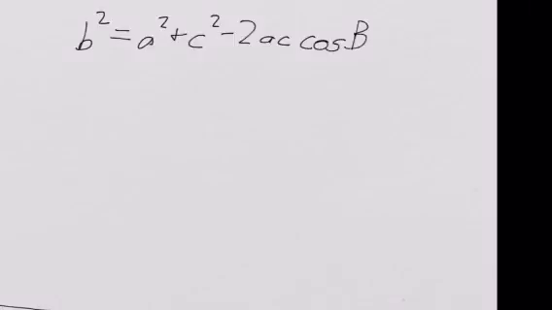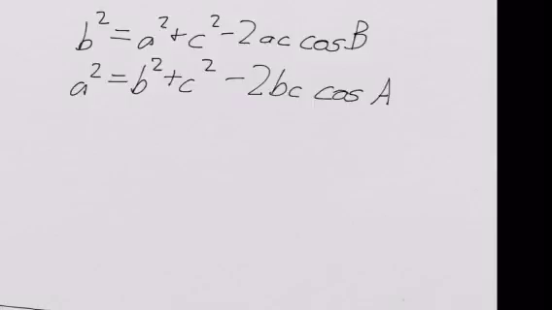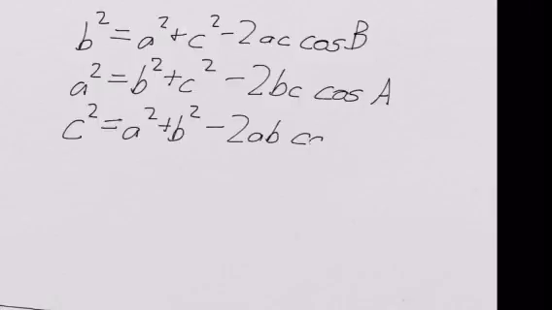So in the end, the three forms of the law of cosines we have would be b squared equals a squared plus c squared minus 2ac cosine B. a squared is equal to b squared plus c squared minus 2bc cosine of A. And then the form that I have it memorized in, which may seem familiar to some extent, c squared is equal to a squared plus b squared minus 2ab cosine of C.